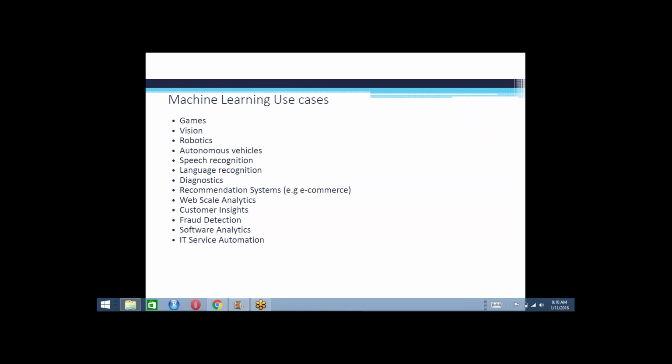IT service automation is a great new trend, where, as Raja was giving the example of using OCR recognition to classify a document. Earlier, this kind of service was given to a person. Today, more and more people are deployed in doing a lot of menial tasks.